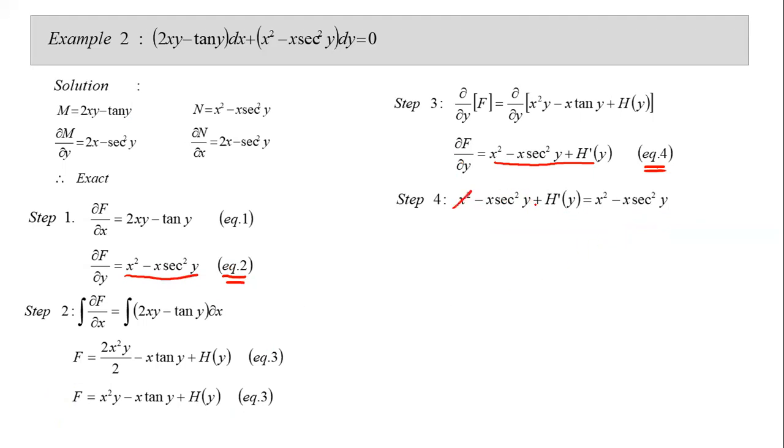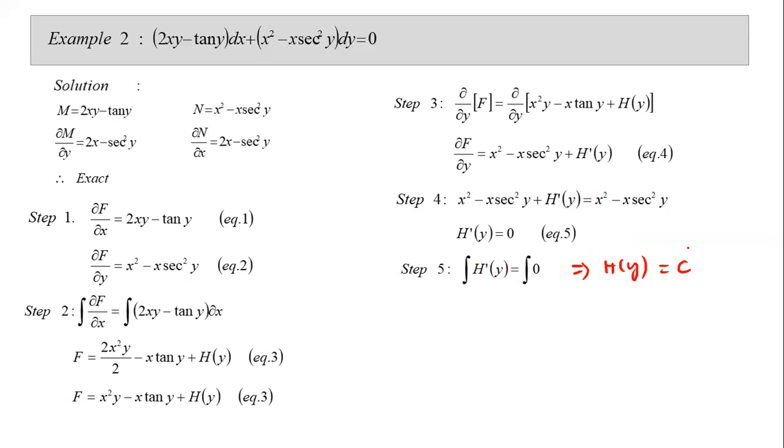So this will become 0. And this is also 0. And eventually you only have h prime of y equals 0. Okay, and that is our equation 5. Step 5, we shall integrate this with respect to y. So you know that the integral of h prime of y is h of y equals c.